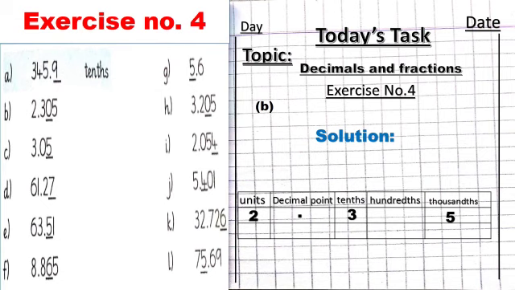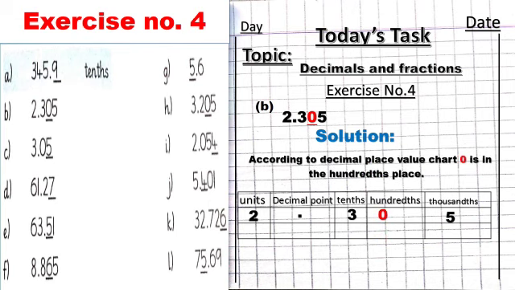Let's move to part B, that is 2.305. Dear students, in this question, we will identify the place of digit 0 because 0 is the underlined digit. To identify the place of 0, we will draw the decimal place value chart just like this. So look at this chart, 0 is in the hundredths place. According to the decimal place value chart, 0 is in the hundredths place.